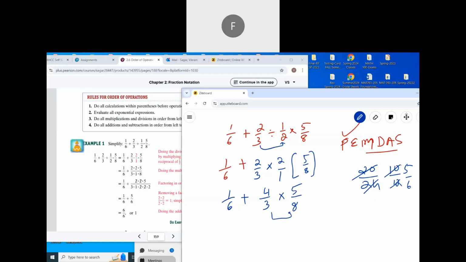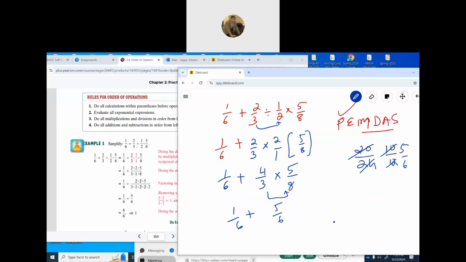Okay, so now this part is done. Now I'm solving this part right here. So you could write 5/6 now, plus we have 1/6 here. Okay, now my LCD is 6. So the denominator is the same, so I could add the numerators, which is going to be 6/6, which is 1. So the answer is 1 here.